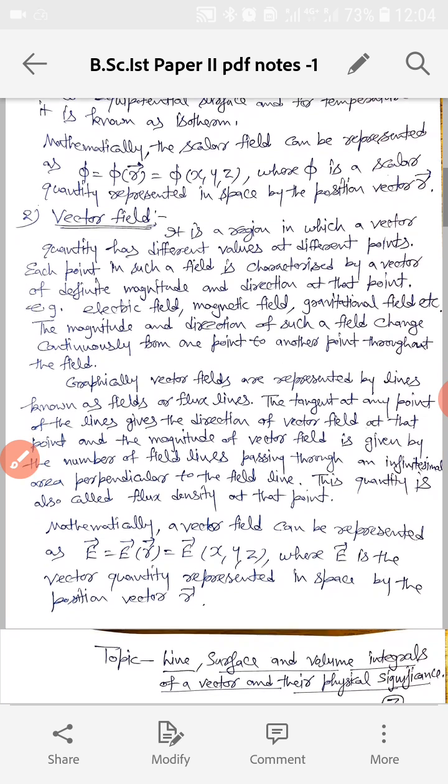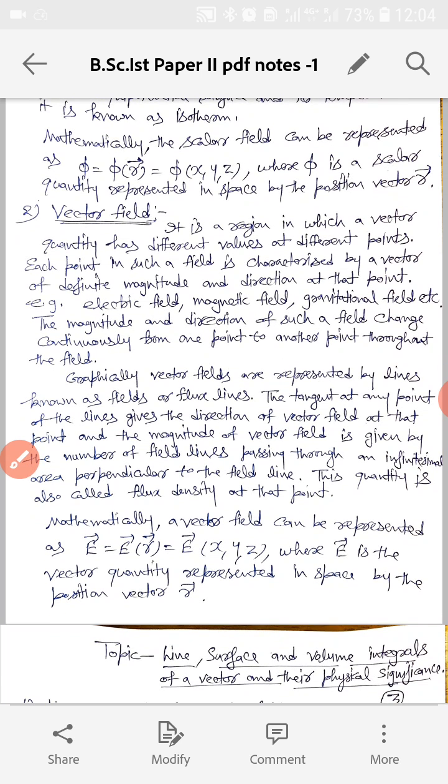Okay, and now we come to the vector field. Similarly, we can define the vector field like we defined the scalar field. The only difference is that in a scalar field we have a scalar quantity which is defined within that region of space. In a vector field we have a vector quantity, which is continuous at each point in that field.